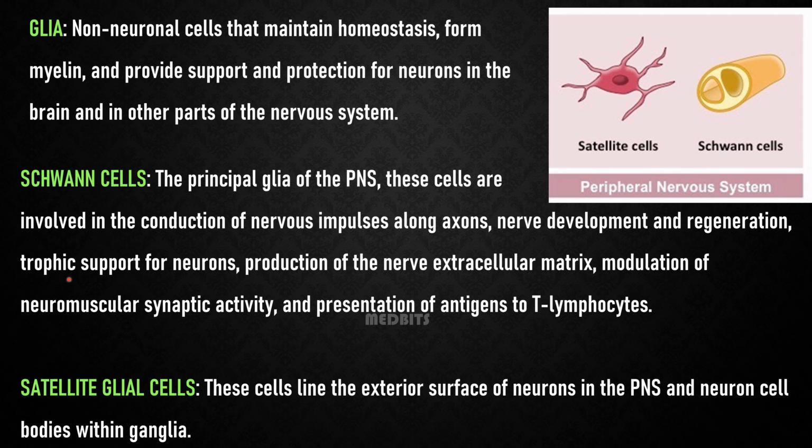Trophic support for neurons, production of the nerve extracellular matrix, modulation of neuromuscular synaptic activity and presentation of antigens to T lymphocytes. Satellite glial cells. These cells line the exterior surface of neurons in the PNS and neuron cell bodies within ganglia.